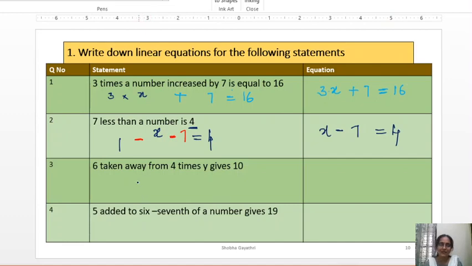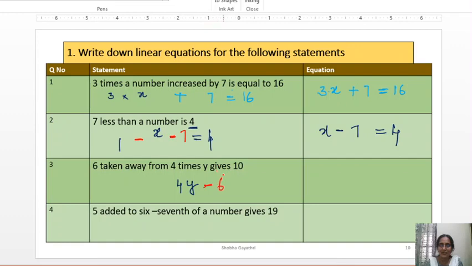Now the third question. 6 taken away from 4 times y gives 10. They have given the variable as y. What do you mean by 4 times y? 4 times y is 4y. Now you have to take 6 from 4y. That means you have to subtract 6.